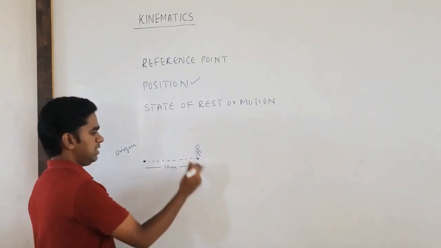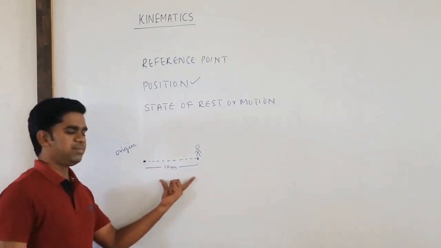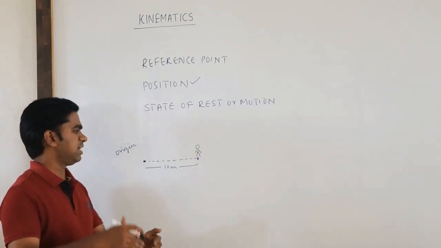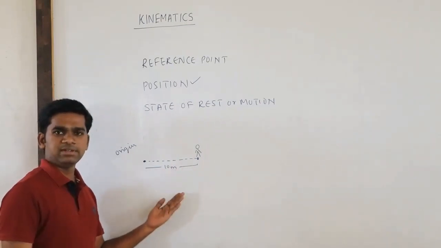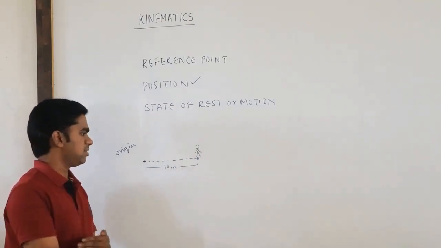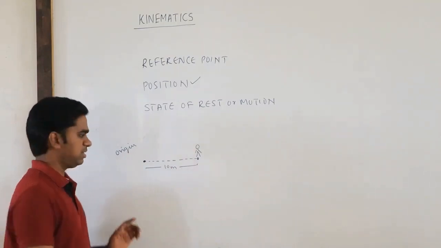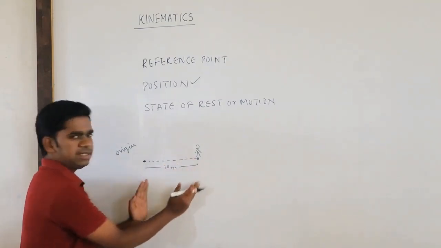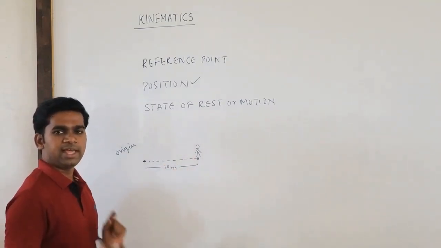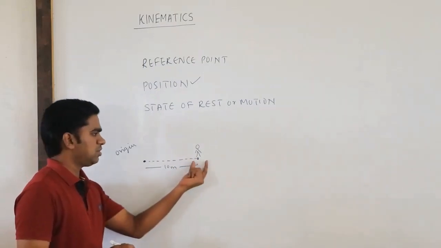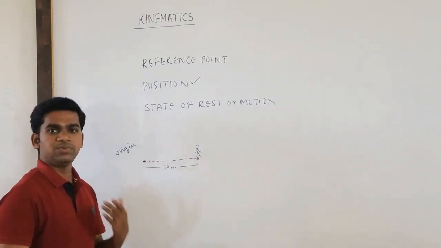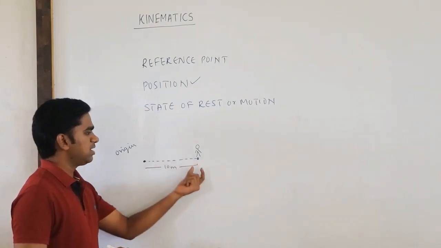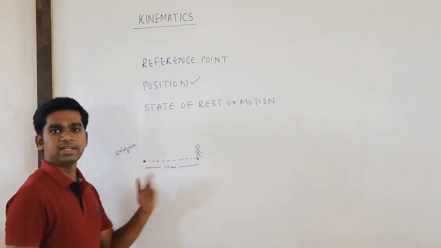Early in the morning he is at 10 meter distance only. You see again at 10 o'clock, he is at 10 meter distance only. In the afternoon again he is standing there only. That means this 10 meter is fixed, it is not changing. Then you can say the position of the person is not changing with time.